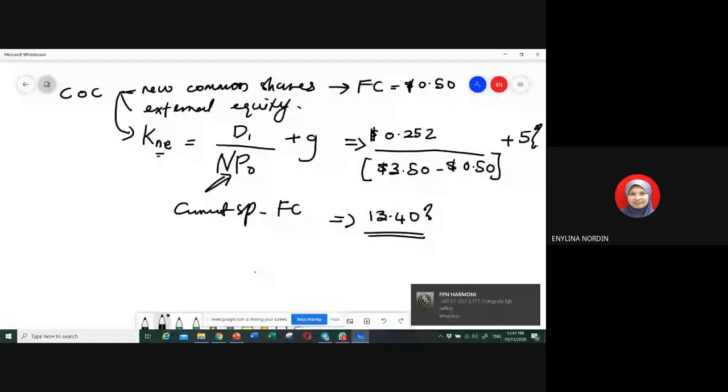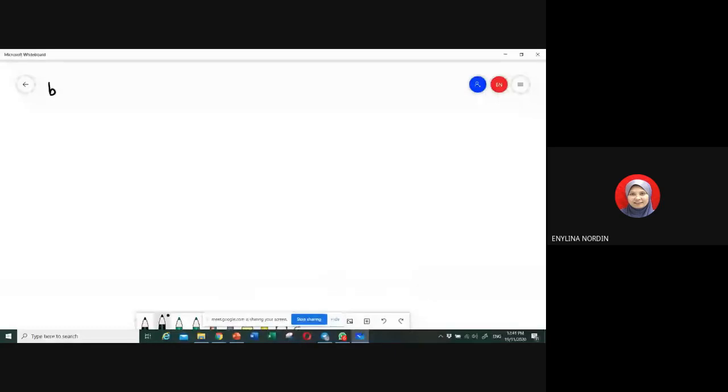Question B is asking you to suggest, right? Question B, to suggest. You can see the word appropriate. Why? Appropriate overall cost of capital.